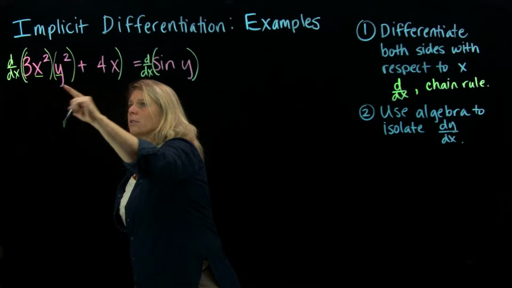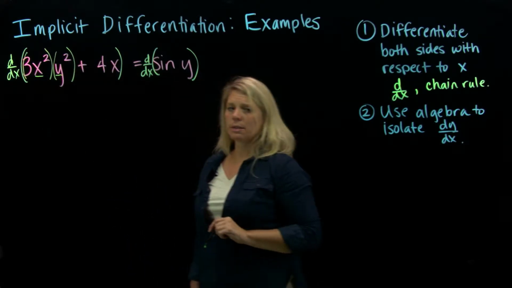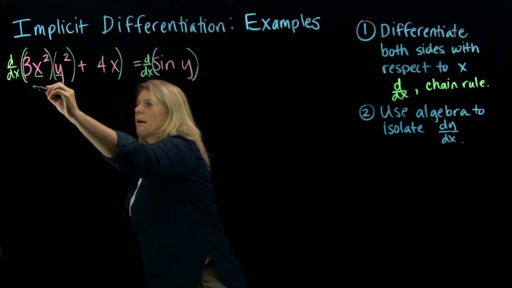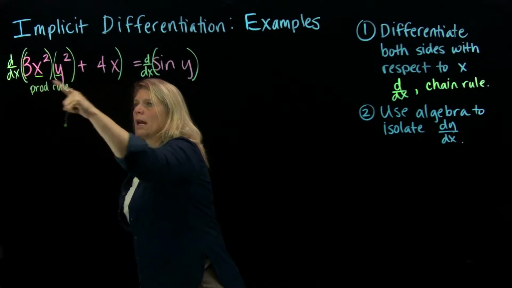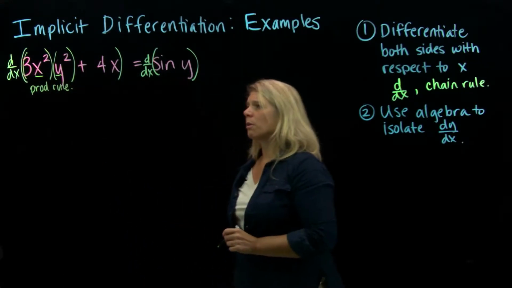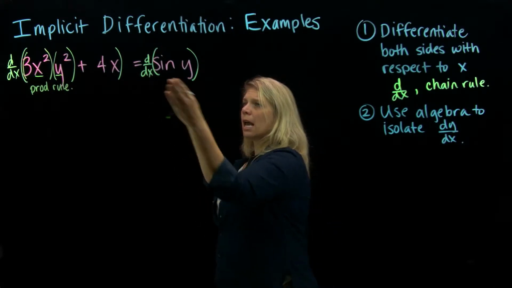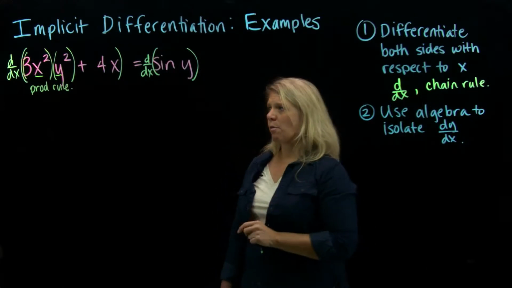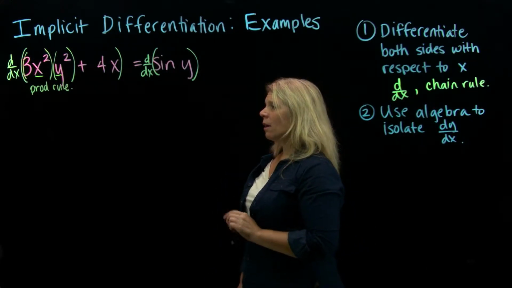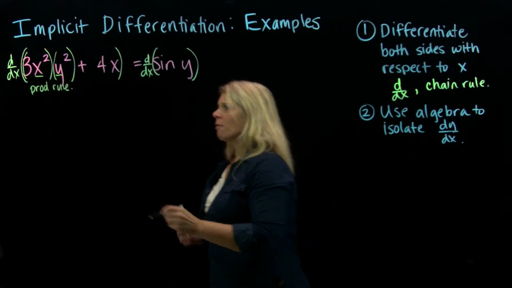I'm going to have 3x squared times y squared, and so I'm going to need product rule on that part. And then when I differentiate the 4x term with respect to x, that'll be fine. And when I differentiate the right side of the equation with respect to x, I'll just need to remember to use chain rule there.